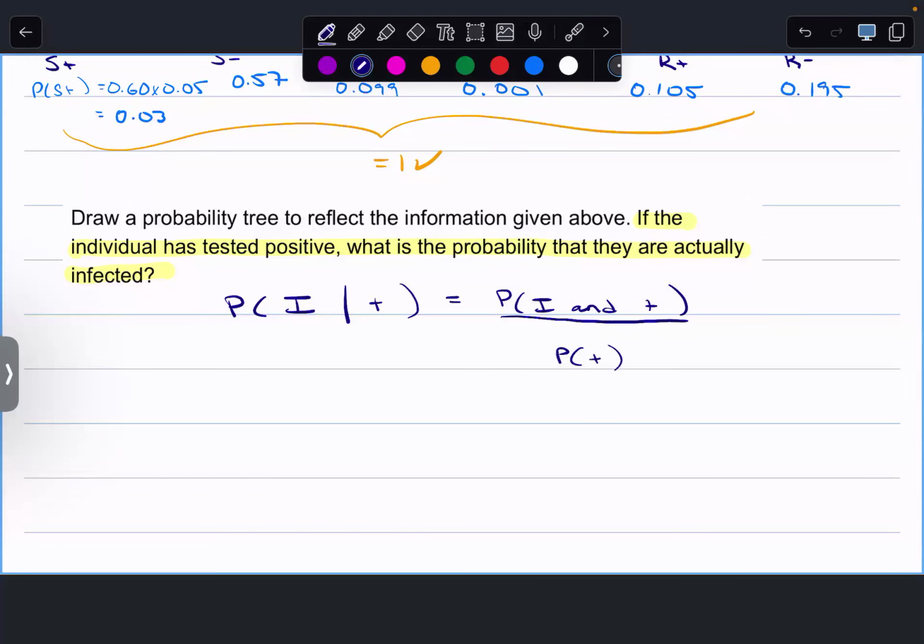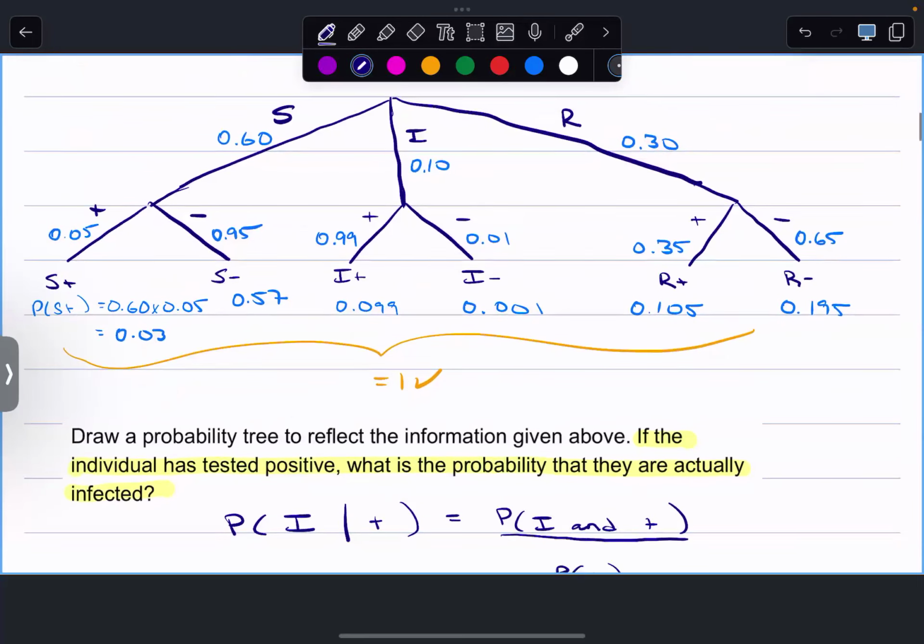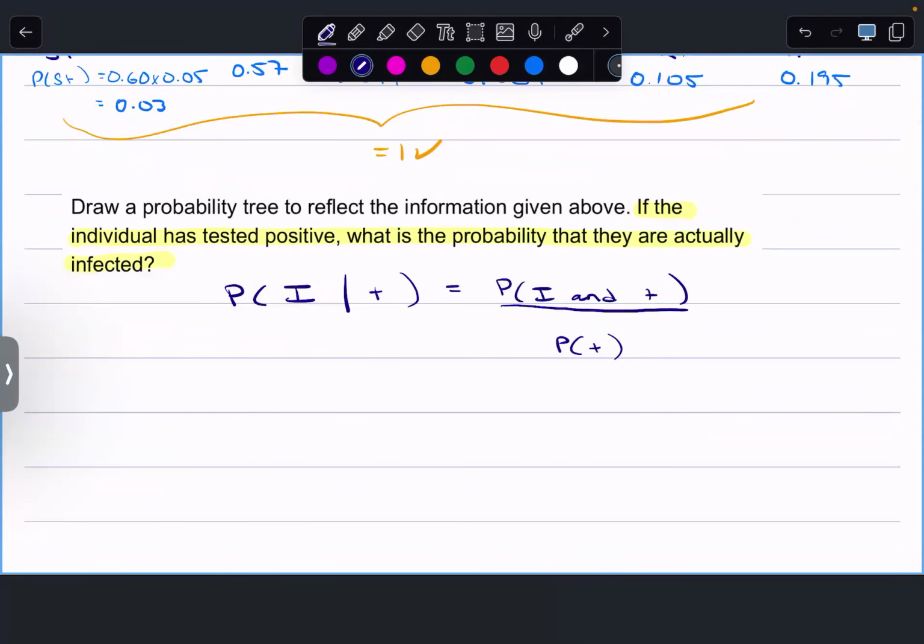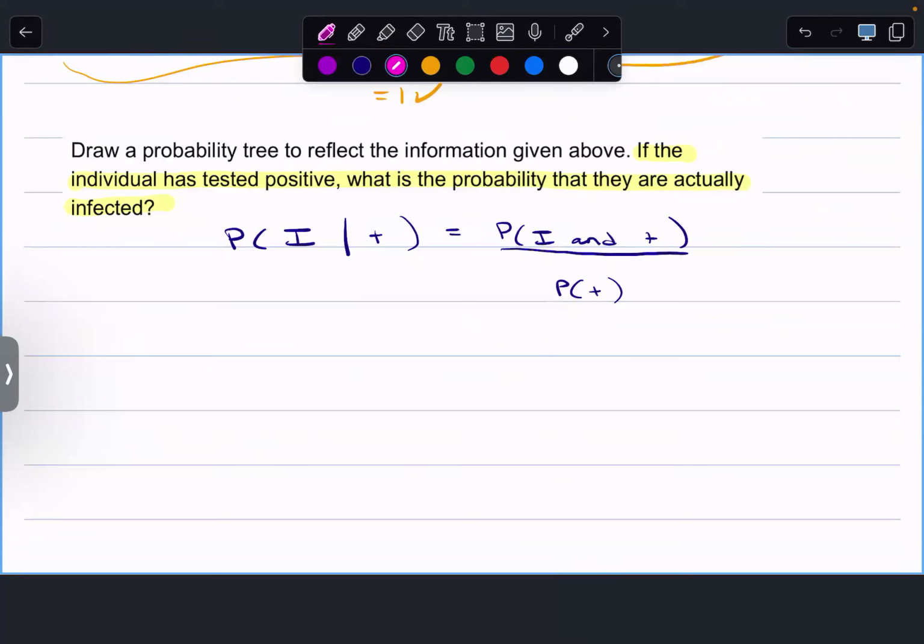Just as before, there were more than one way to get a positive test. In fact, now there's 3 ways that I could have a positive test. So here, there are 3 ways to have a positive test.